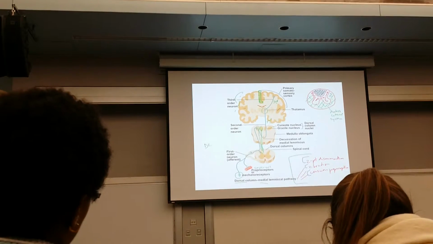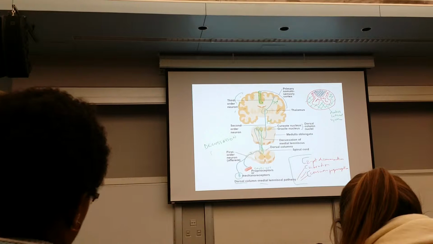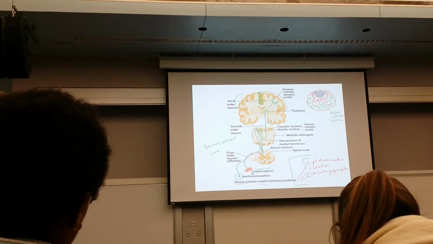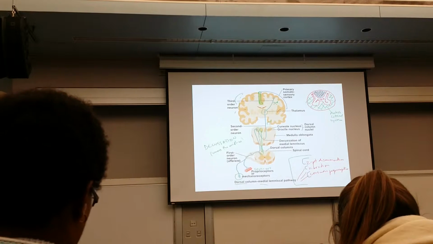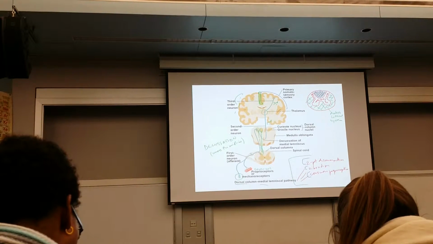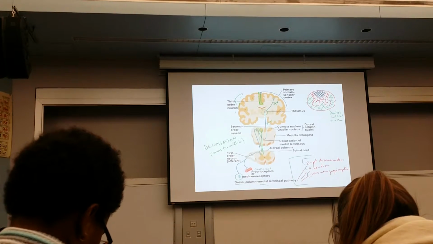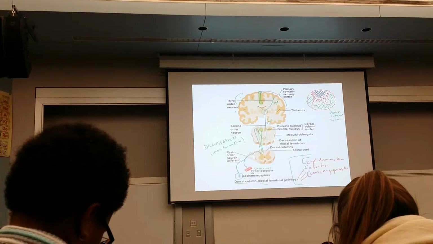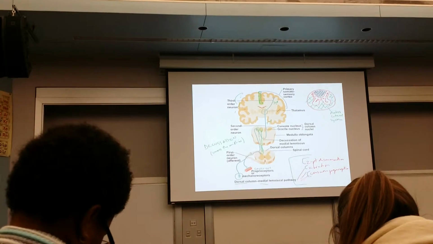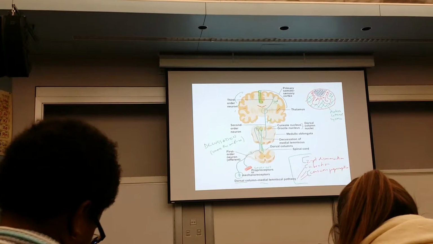So decussation, that's crossing the midline, right? It goes from one side to the contralateral side. So if I ask you, at which point in your CNS the dorsal column, medial lemniscal pathway decussates, what's your response? The medulla oblongata, right? Yes?